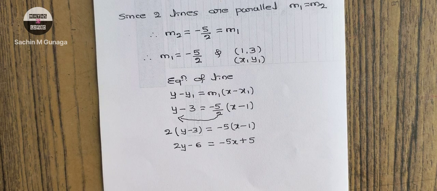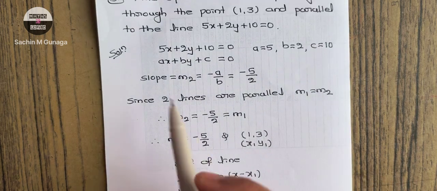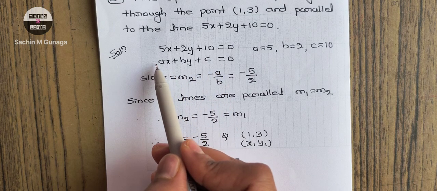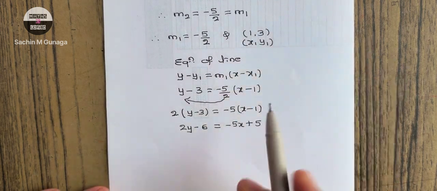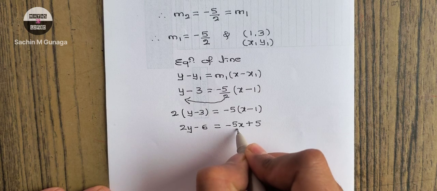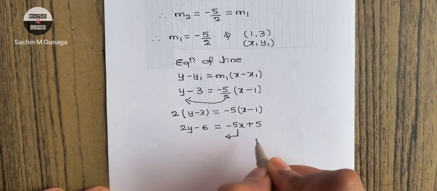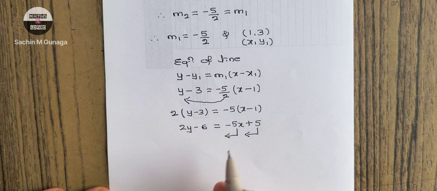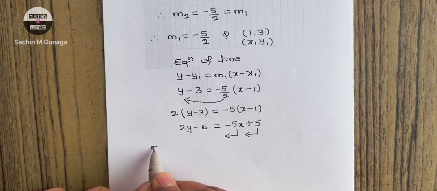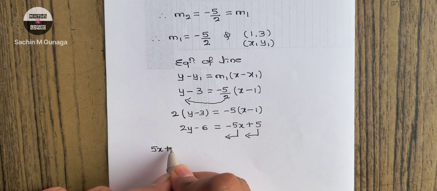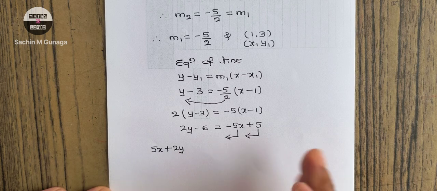So for the final answer, in the standard equation of a straight line, we always keep x as positive, but here we are getting a negative sign on x. Because of that reason we are going to shift minus 5x as well as plus 5 to the left hand side. So minus 5x becomes plus 5x, and plus 2y is already there, keep it as it is, plus 2y.